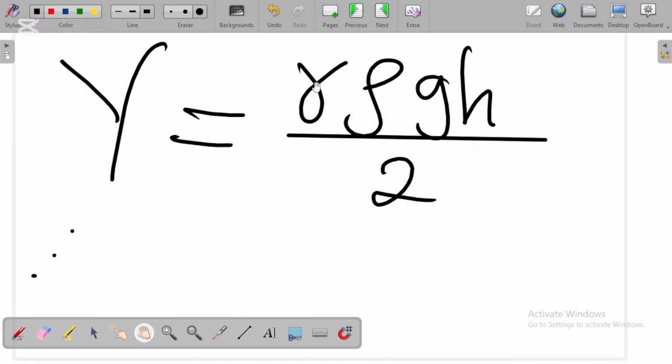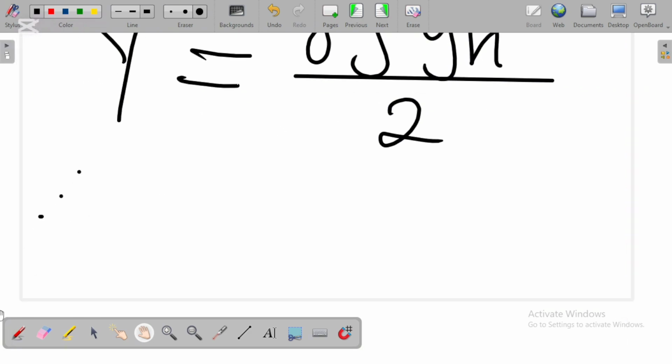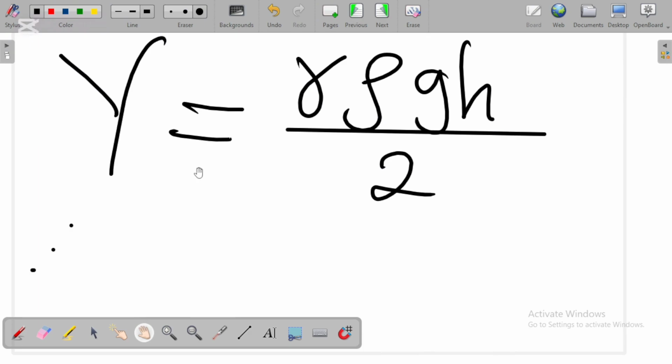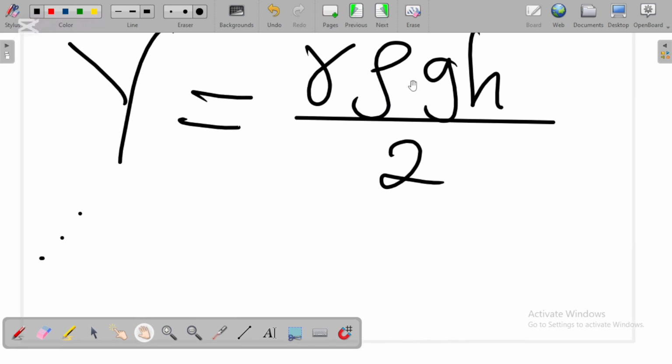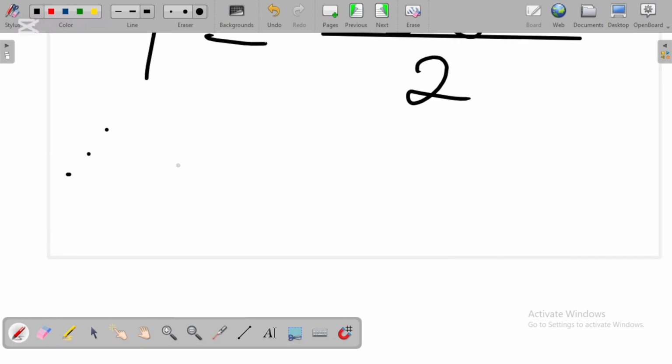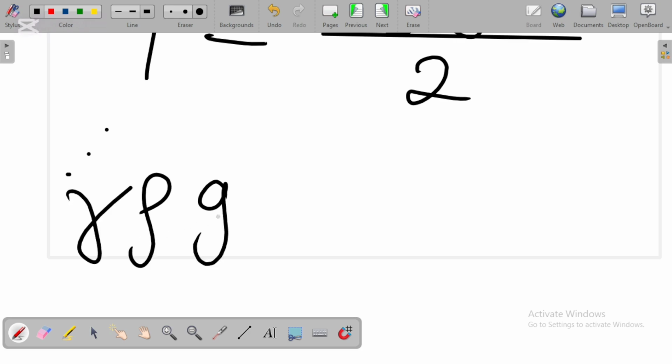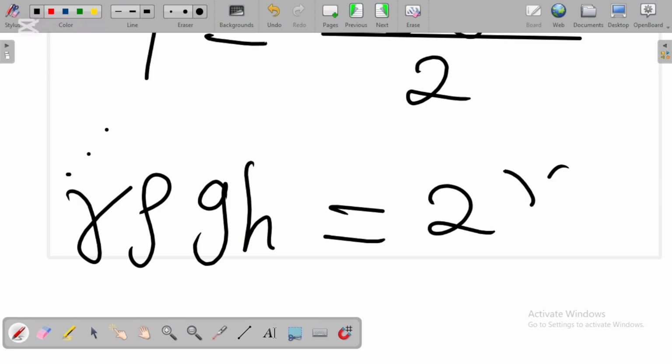Now let's make R the subject of the formula. You have to cross multiply. So R rho g h will multiply the denominator here, and gamma will multiply 2. So we have R rho g h is equal to 2 gamma.